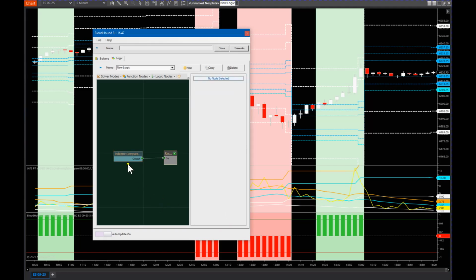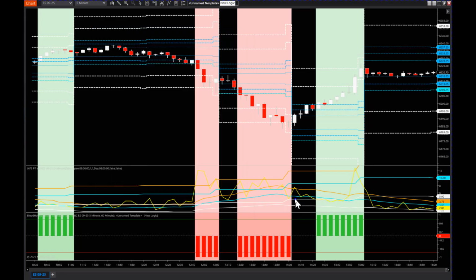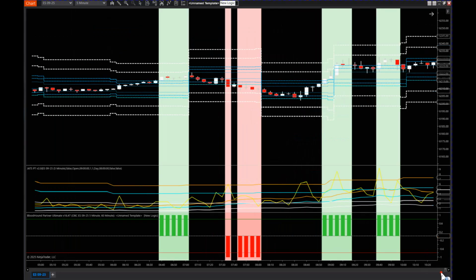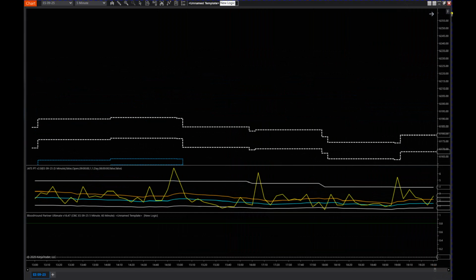Well, something happened to my colors. This is just bizarre. That's okay. You can see that the signal's there. It just got color coded oddly. Always something.